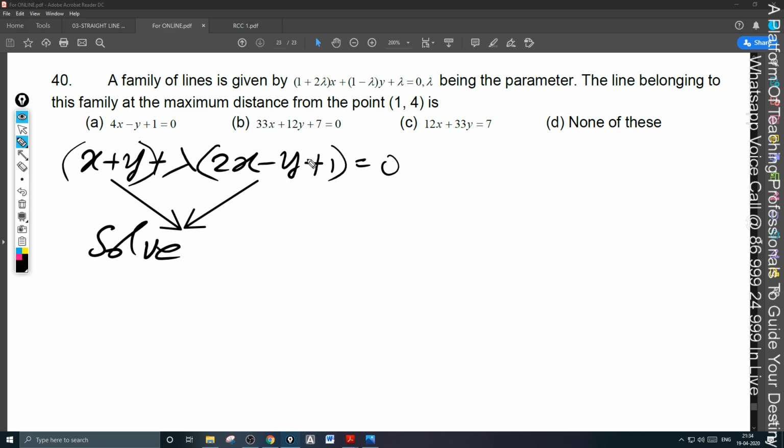By solving this, instead of minus y you can write x. Whether it is satisfying or not, just check it out.